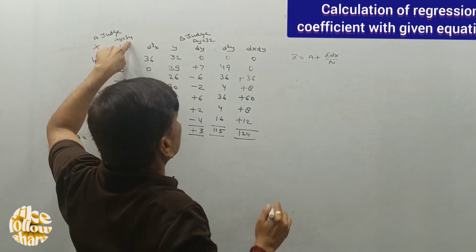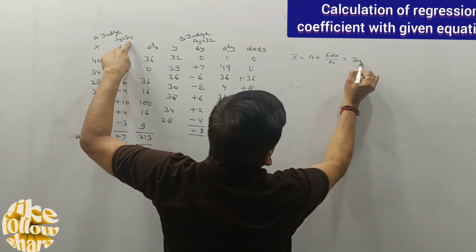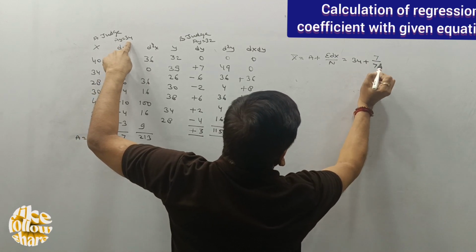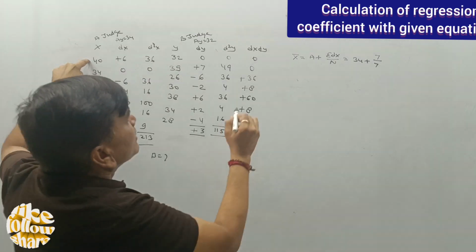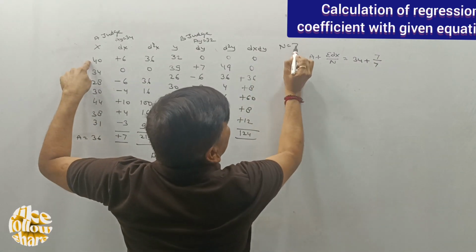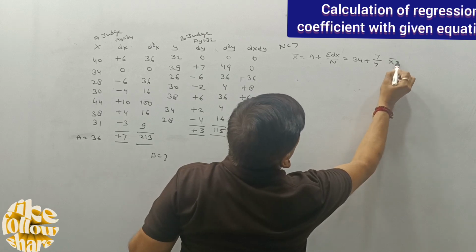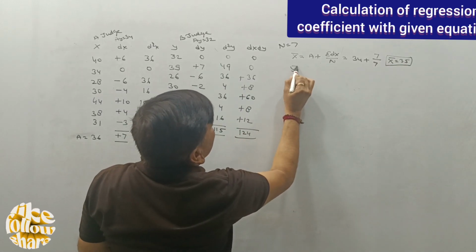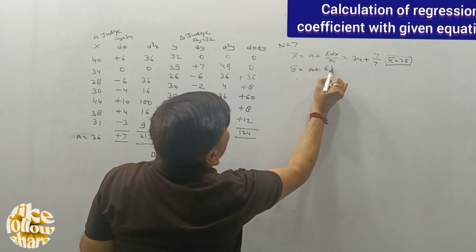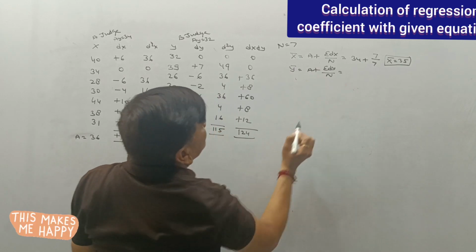Assume is 34. So assume 34 plus 7 divided by 7. 1, 2, 3, 4, 5, 6, 7. So n is equal to 7. So x bar will be 35. First answer we have calculated. Y bar, that is assume plus sigma dy upon n.